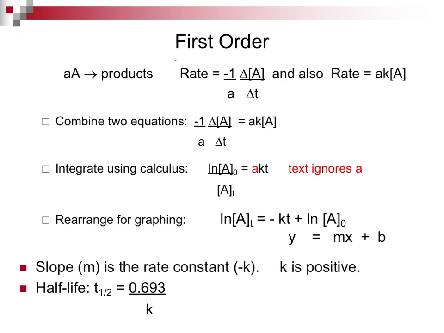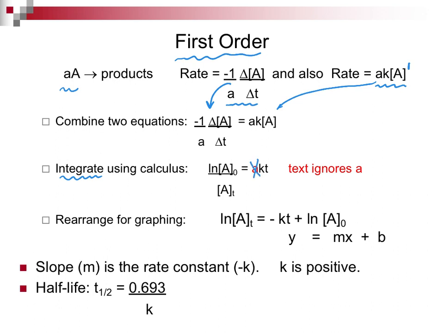Moving on into first order. Notice the reaction looks the same. The rate from the beginning of the chapter looks the same, but now the rate law, it is first order. Once again, I will combine those two equations and they will be integrated using calculus for you.